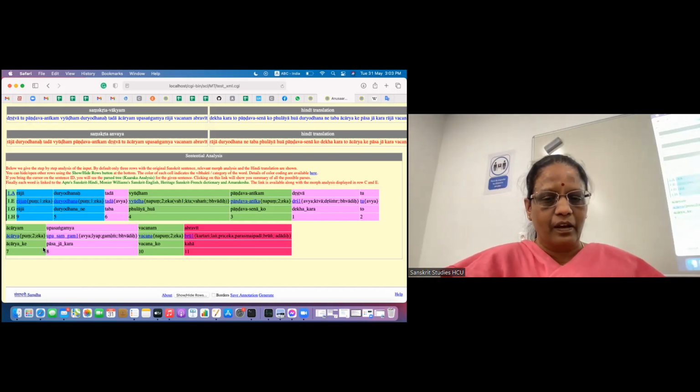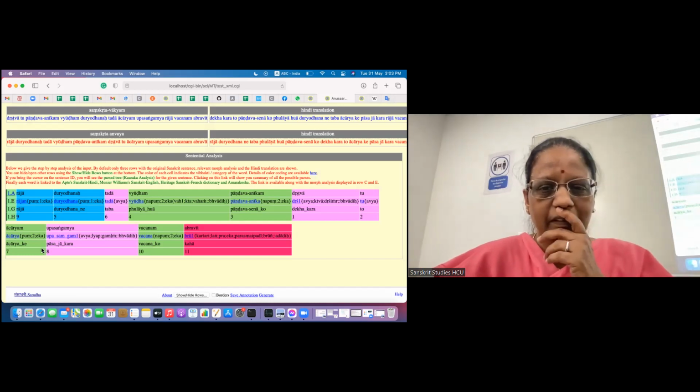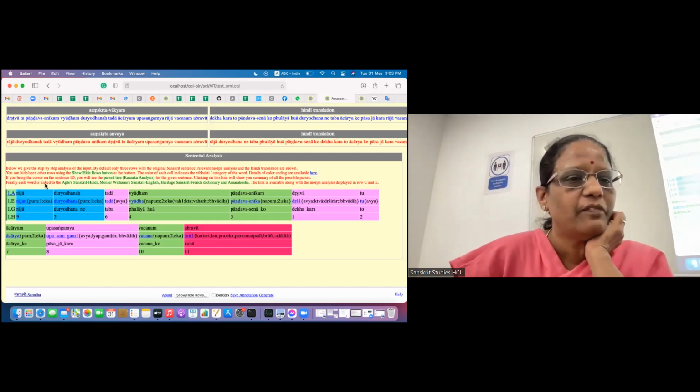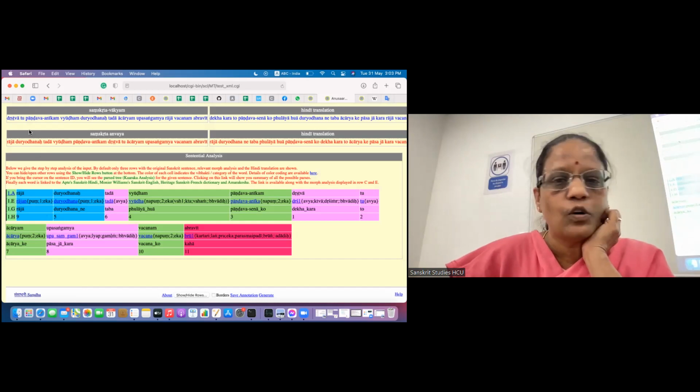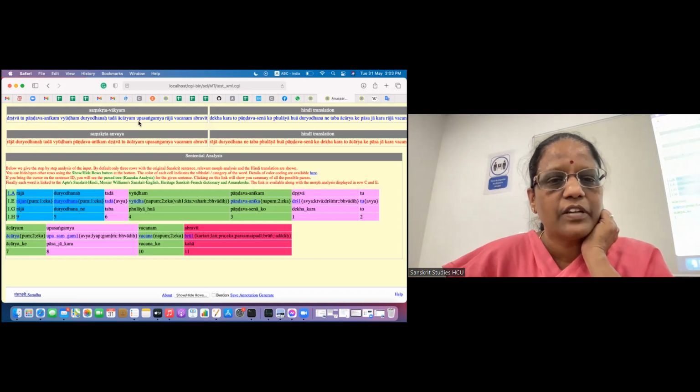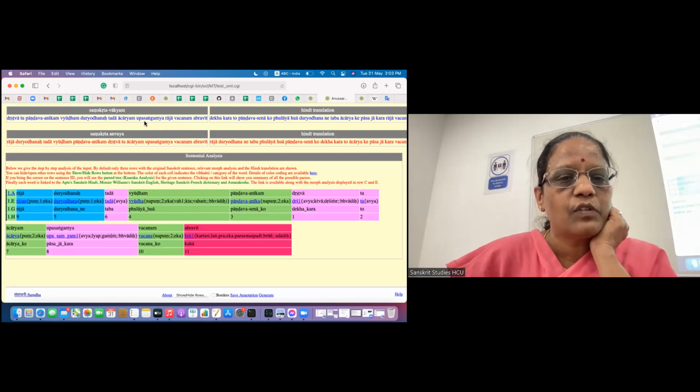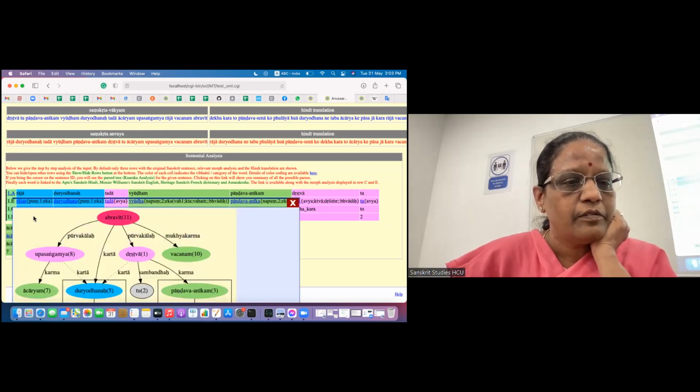Well, now let me go back to the previous one, the shloka from Bhagavad Gita which I had given. Drishtva tu Pandavanikam vyudham Duryodhana tada acharya upasangamya raja vachanam abravit. So the machine has now given the anvaya.